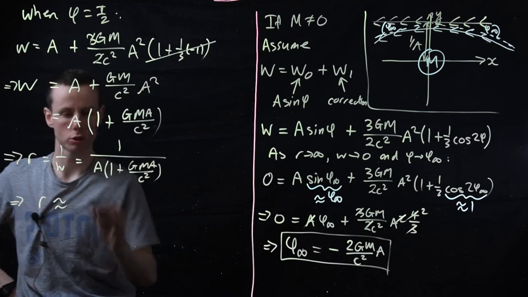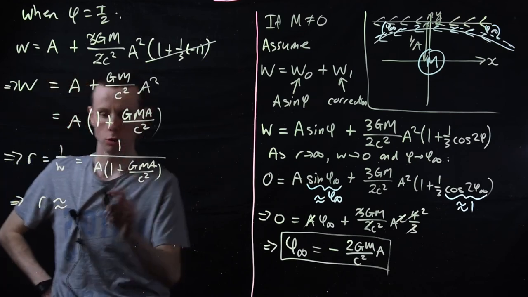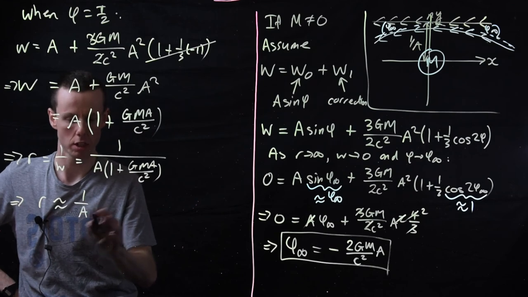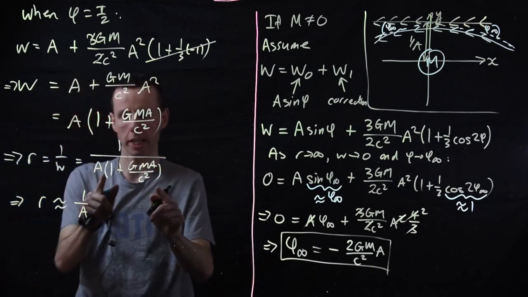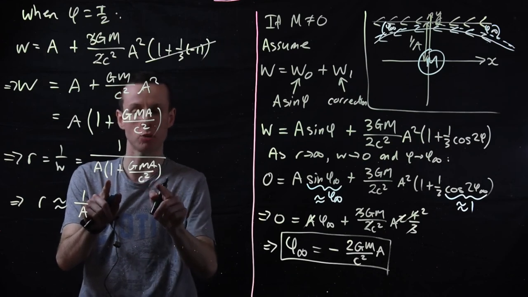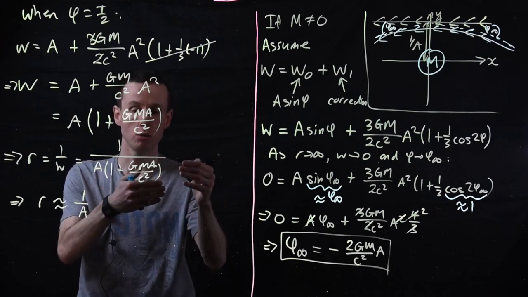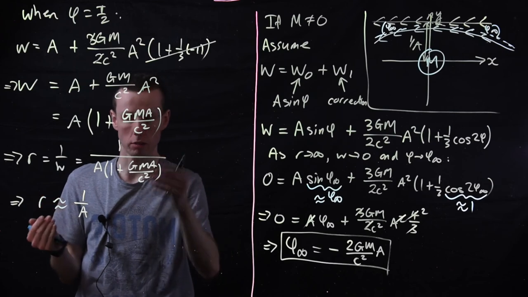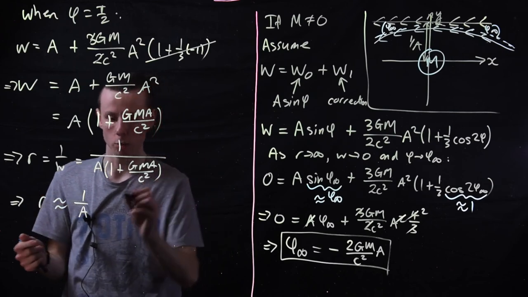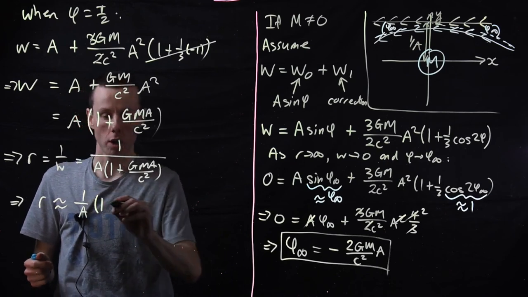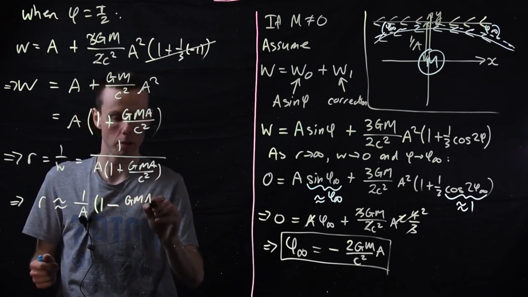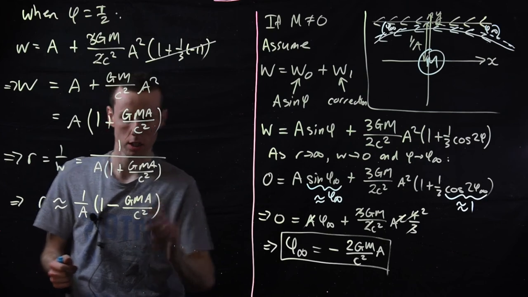We can actually use the binomial theorem here. If we keep that 1 over a factor here, essentially we've got 1 plus GMa over c squared to the power of minus 1. So the binomial theorem to the first order term will give us that this is approximately equal to 1 minus GMa over c squared.